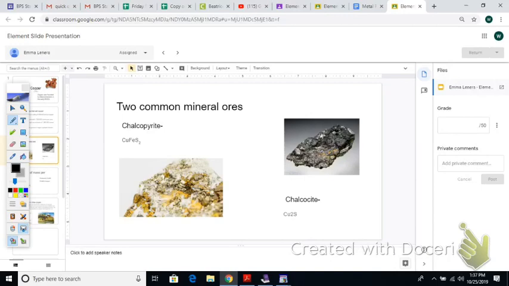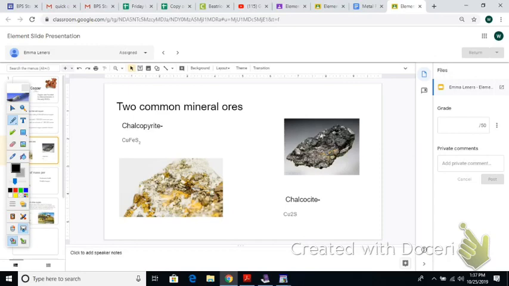So on slide number 4, this is slide 3, she's going to find the percent of copper in that compound, and then the percent copper in this compound here. You would follow the same steps. You'd look up 1 copper, 1 iron, and 2 sulfurs, add everything up, then take the weight of copper divided by the total times 100. Same on this one.